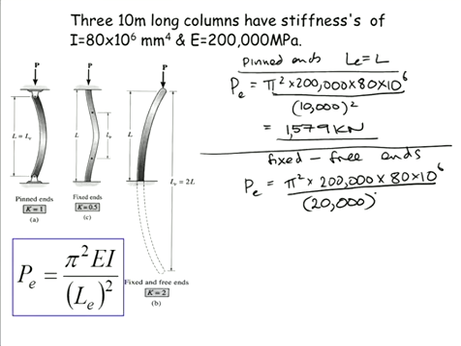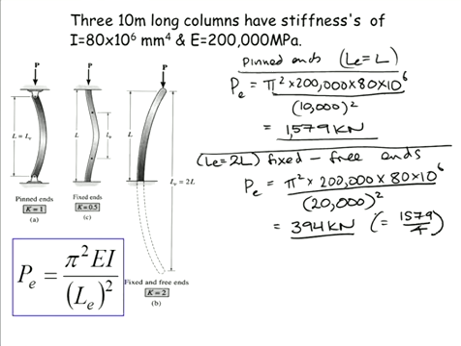So it's 20,000 squared. So in this case here, my effective length is 2L. Up here, my effective length is L. So I said that reduces the buckle load by 4. And that is equal to 1579 divided by 4. So it has 1/4 the strength. So the end conditions can be very significant as to what size your members are.